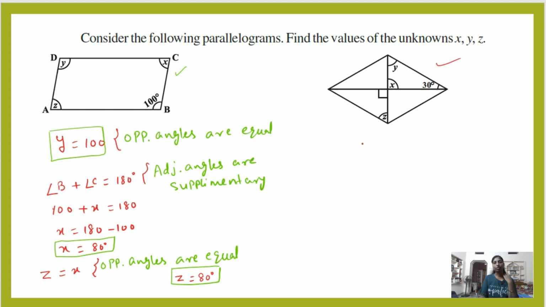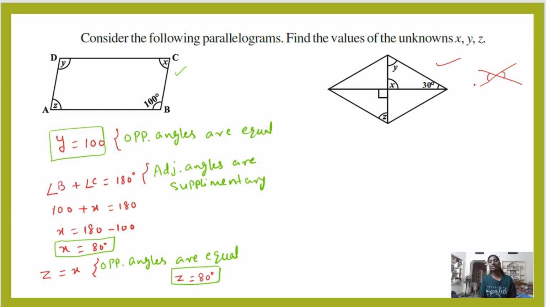Now let us see the next figure. We have to find out the value of x, y and z here. So from where can we start? First you can see x here and its opposite angle. You know that when two lines intersect each other, vertically opposite angles are formed which are equal.